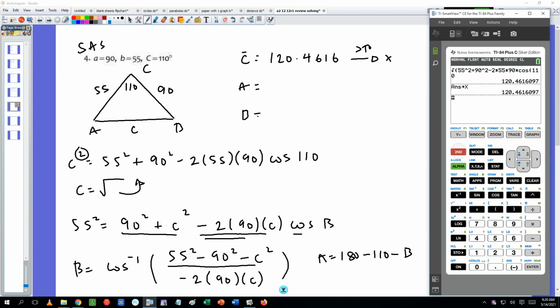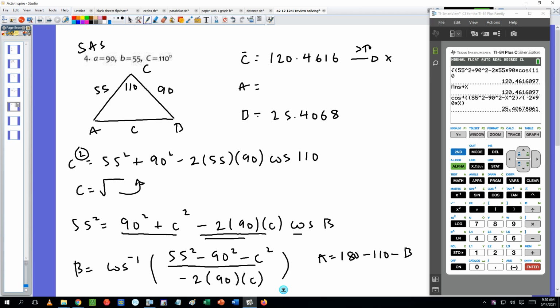So angle B, second cosine, parenthesis, 55 squared minus 90 squared minus the 120 that I stored as my X squared, divide by parenthesis, -2 times 90 times that 120 point answer, which is X. And there is angle B, 25.406, and that 7 will bump up to an 8.